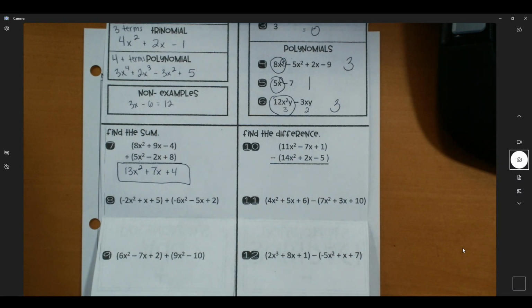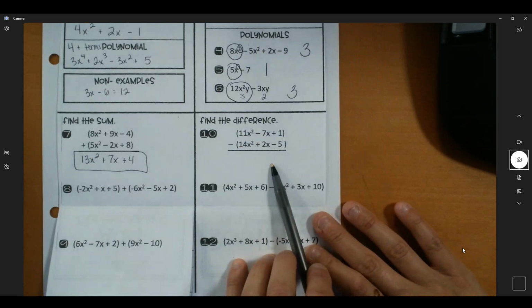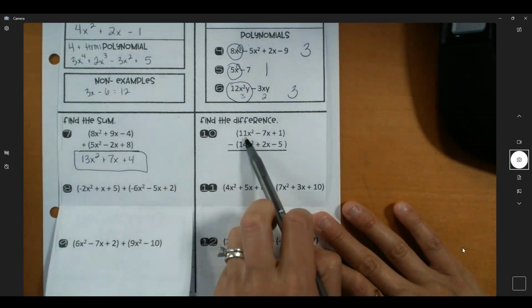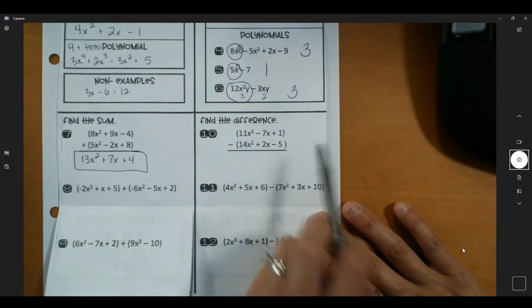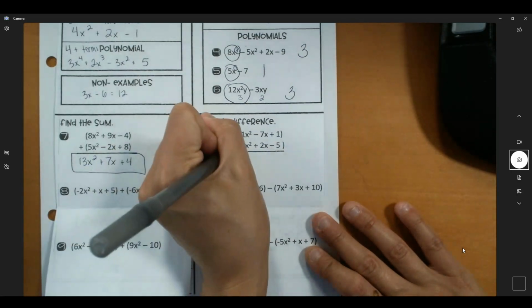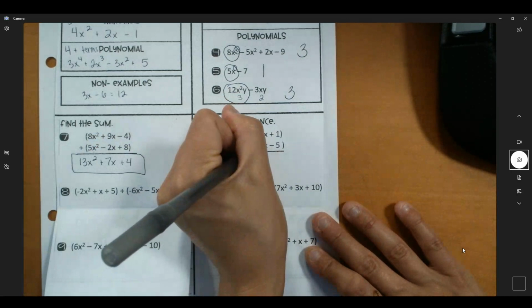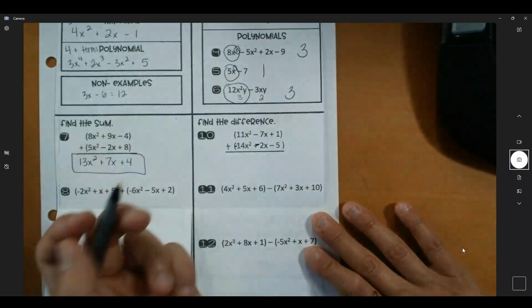Okay. For subtracting, the main difference, so we'll do these two in class. So let's do number 10 real fast. So the main difference with subtraction is that this subtraction needs to get distributed to all of the terms. So we'll change this to a plus. The 14 becomes negative 14. The 2 becomes negative 2. Sorry, I'm trying to make it more noticeable.